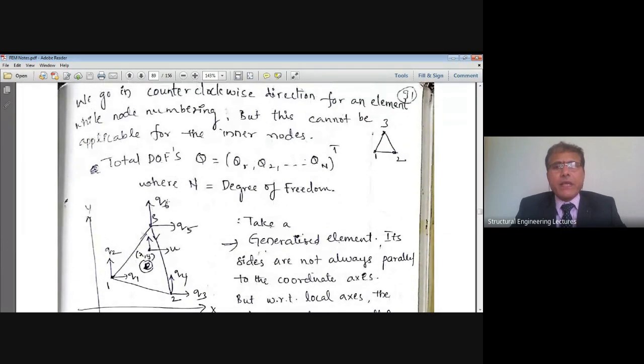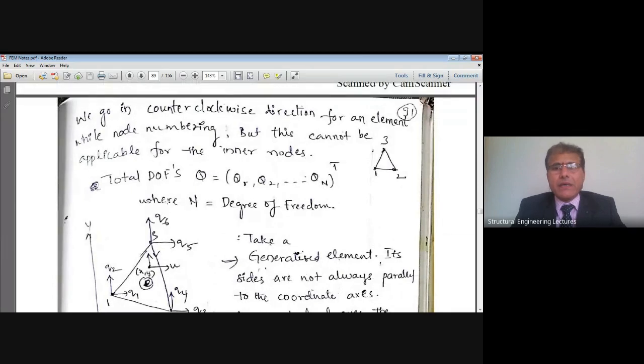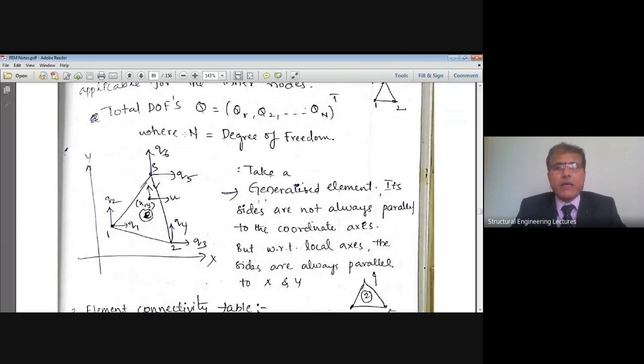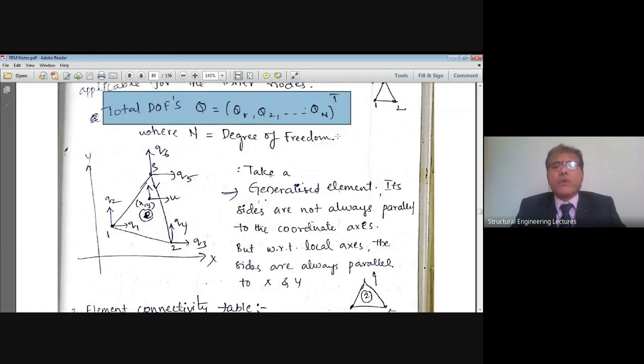Now I'll take a generalized element, which is shown here, right? Now I'll write the total degrees of freedom vector, or global degree of freedom vector, which is notated by capital Q and given by Q1, Q2, up to Qn transpose, right?